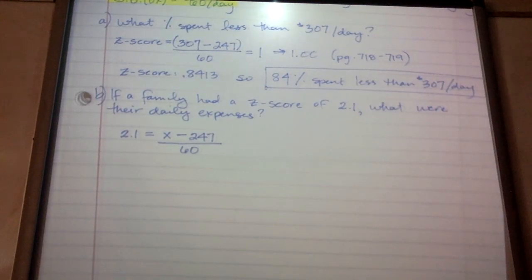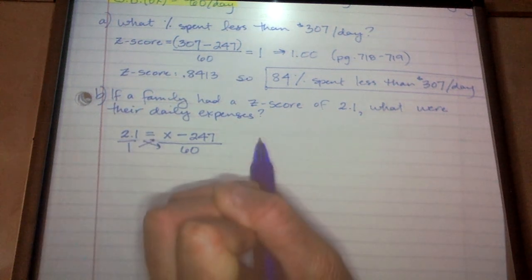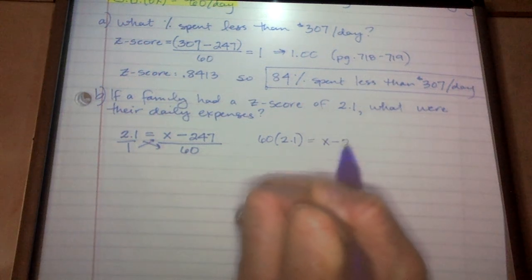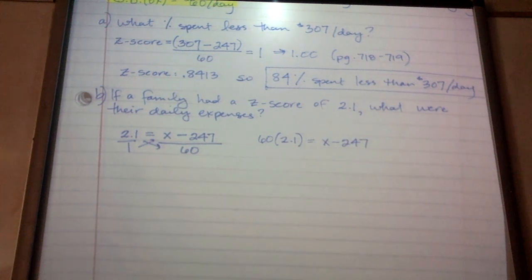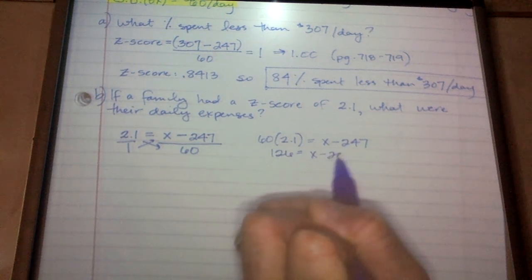I'm always using the average, the standard deviation, and our data. So I don't know if you remember what I did in the last one. I cross-multiplied, so I'm multiplying diagonally. So 60 times 2.1 equals x minus 247. 60 times 2.1, I got 126 equals x minus 247.